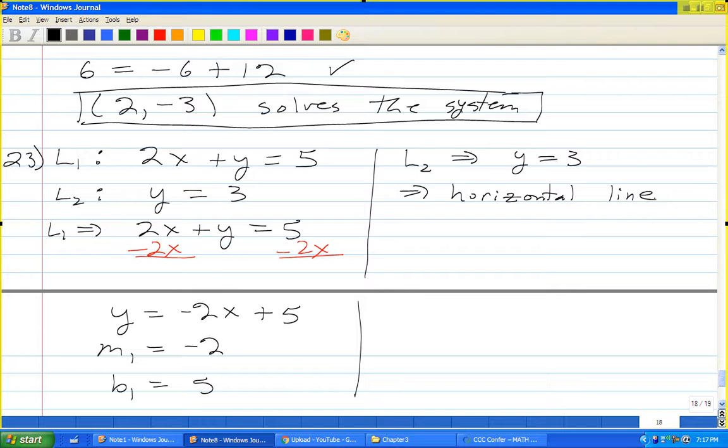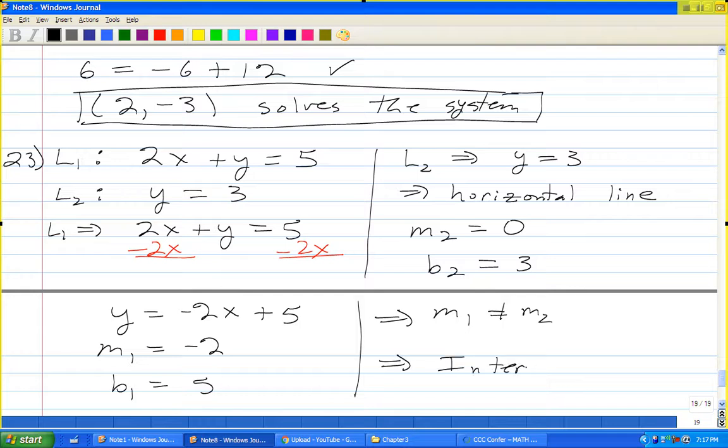Any line of the form y equals b, we said was a horizontal line. So this has a slope of 0 and a y-intercept of 3. And so these slopes are not the same, and so this is the case of intersecting lines.